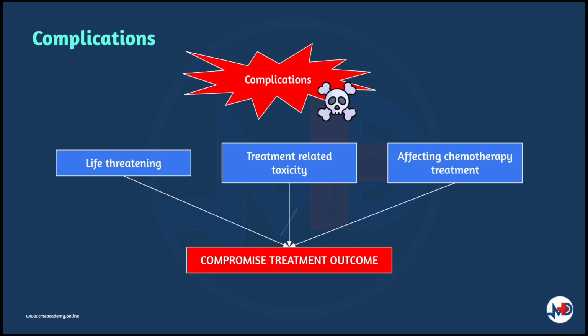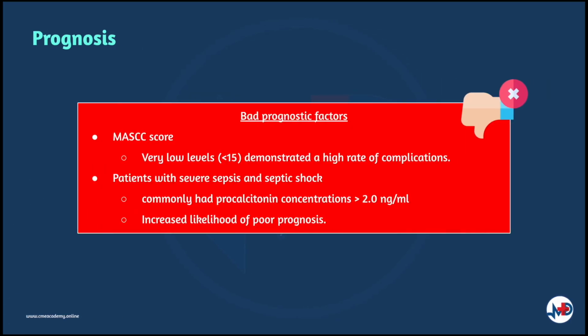However, it remains a life-threatening treatment-related toxicity and correlates with chemotherapy dose reductions and delays in continuing chemotherapy, potentially compromising treatment outcomes. A very low score of less than 15 demonstrates a high rate of complications. So patients with severe sepsis and septic shock commonly have procalcitonin concentrations greater than 2 nanograms per milliliter, which merits consideration for an increased likelihood of poor prognosis.